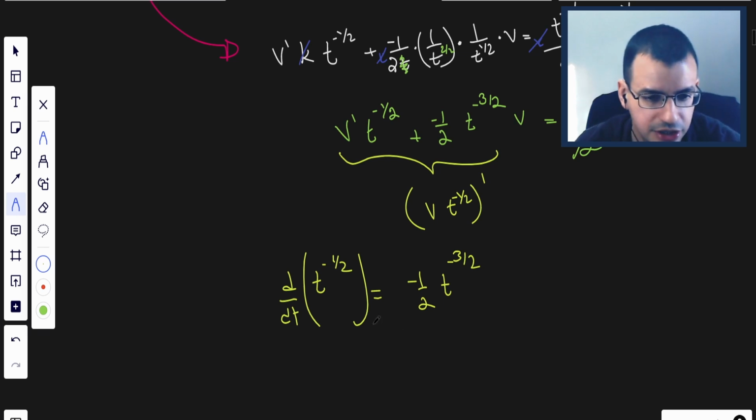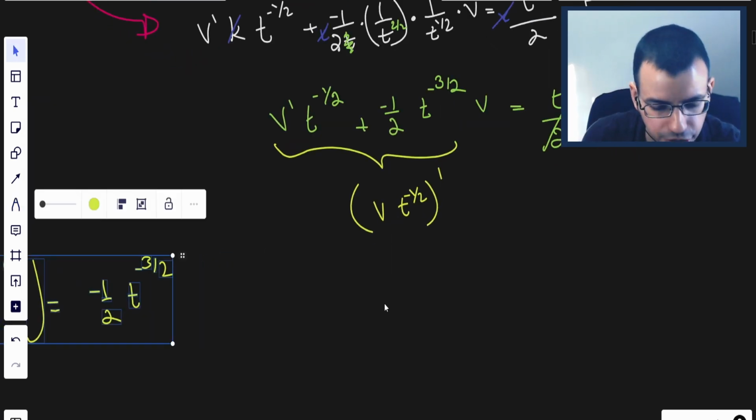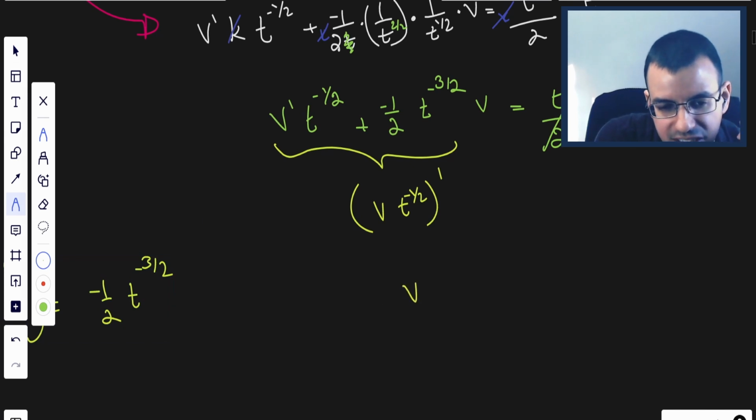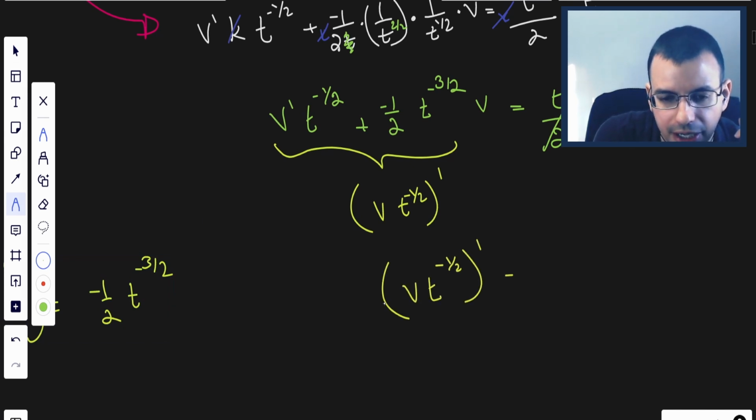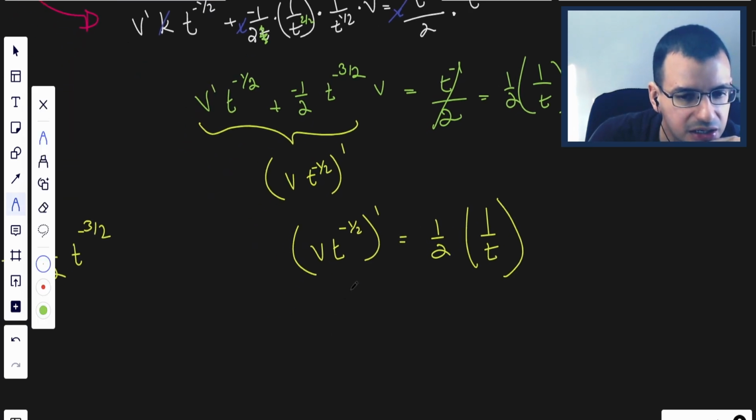So yes, this is true. So I'm going to rewrite this as v times t to the negative 1/2 prime equals 1/2 1 over t.